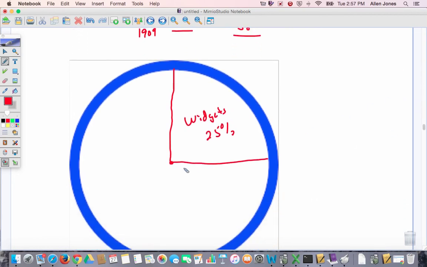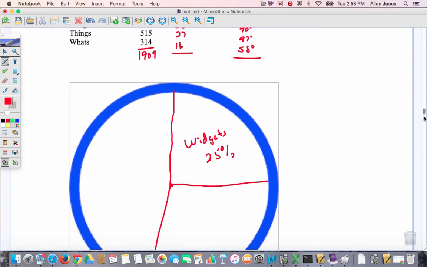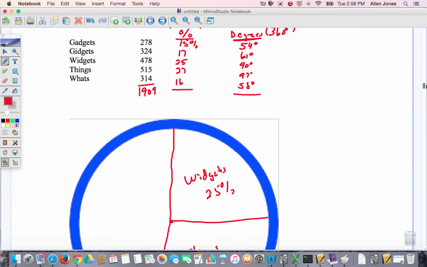From here, I'm going to go with a 97-degree angle, so I'm going to try and come down and estimate 97 degrees to go out this way just a little bit. And our 97-degree category was the things at 27%. And as I said, I'm just estimating here because I don't have a protractor. I would expect you to use a protractor.